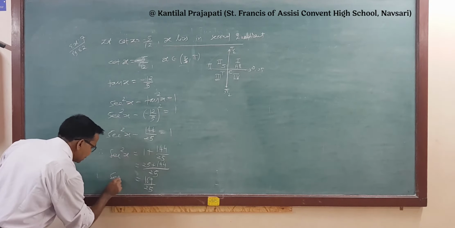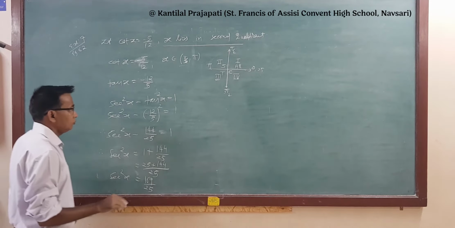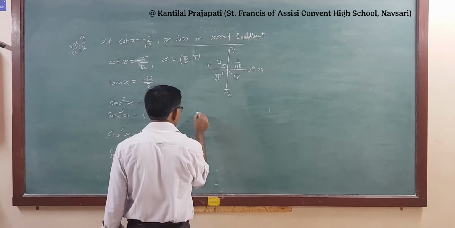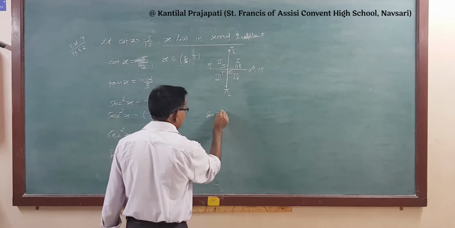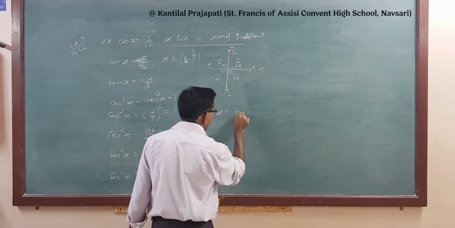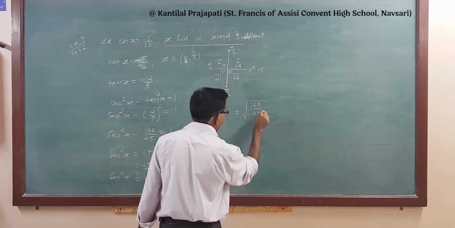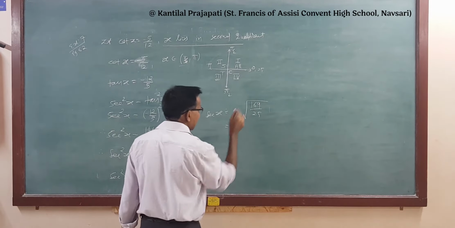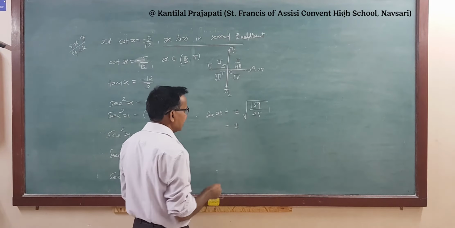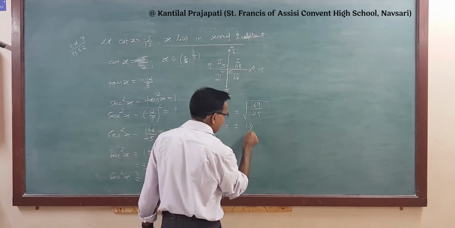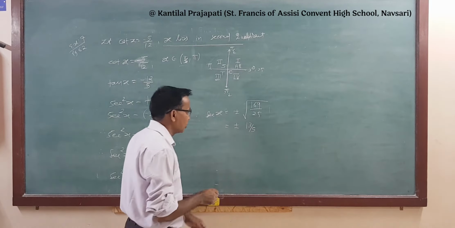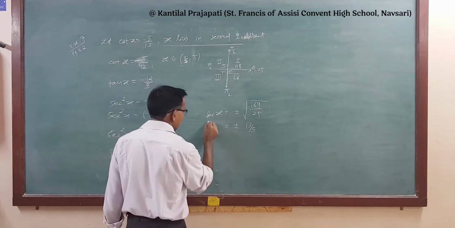So sec x is equal to plus or minus the square root of 169 upon 25. 169 is the perfect square of 13, and 25 is the perfect square of 5, so we write 13 upon 5.